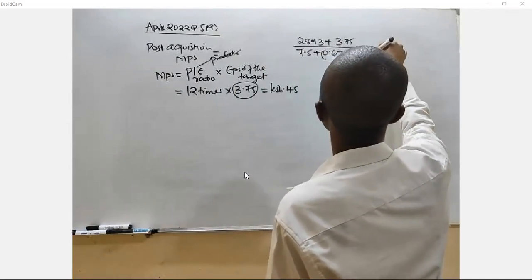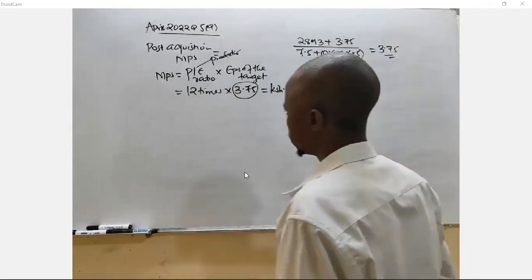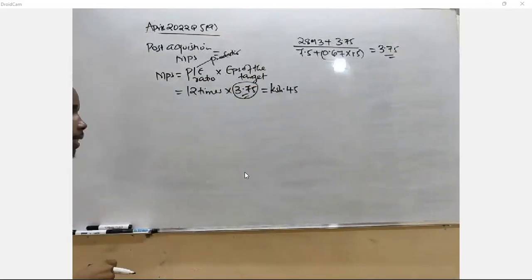You should be getting 3.75. That one you can use here if it is not provided by the examiner.